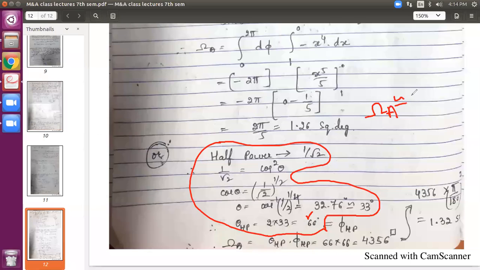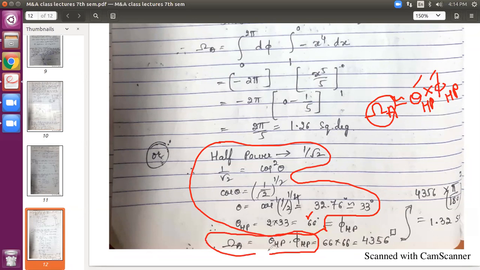It is approximately equal to the theta half power beam width multiplied by the phi half power beam width. If you multiply both, you will get the solid angle.